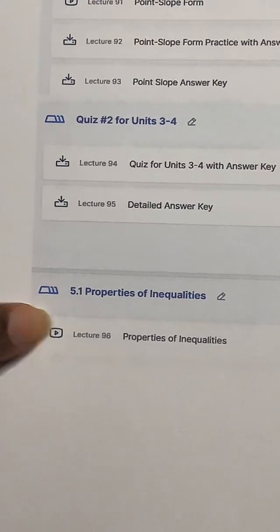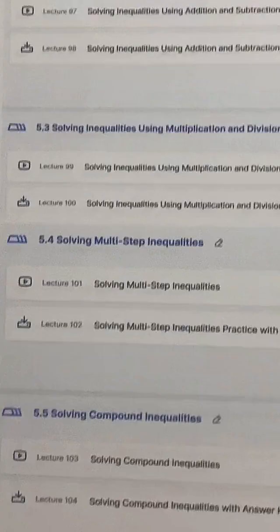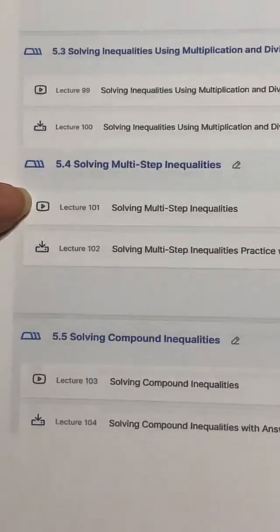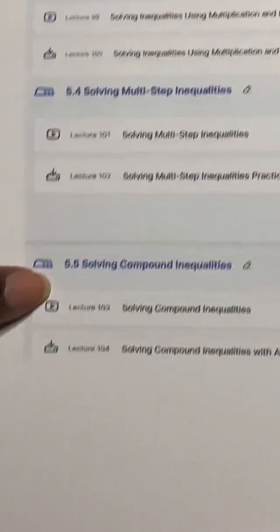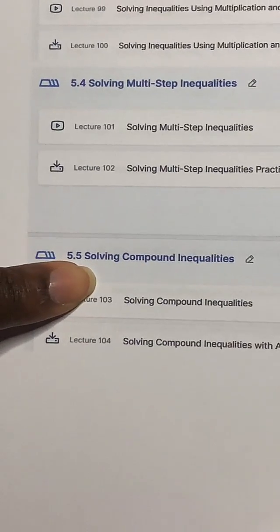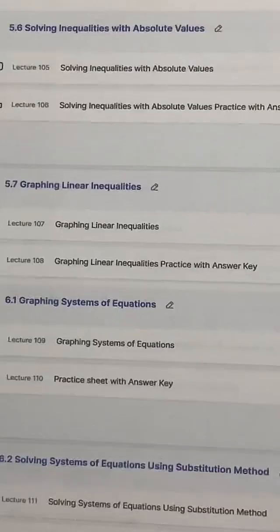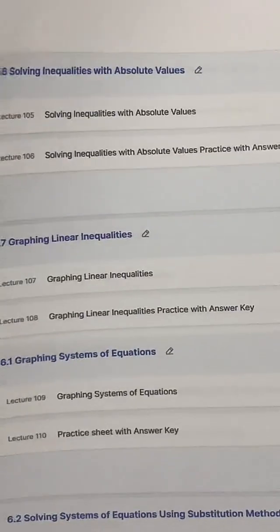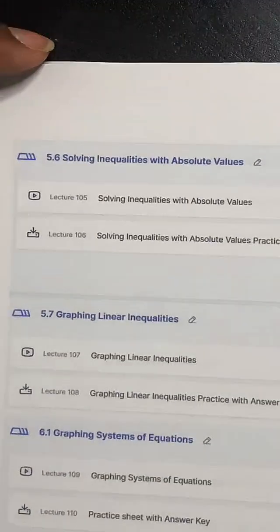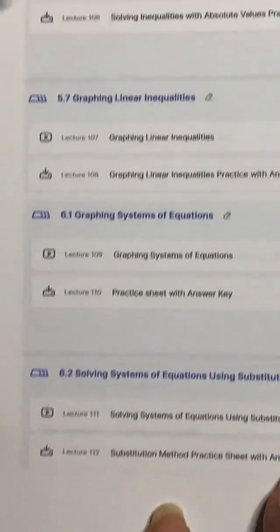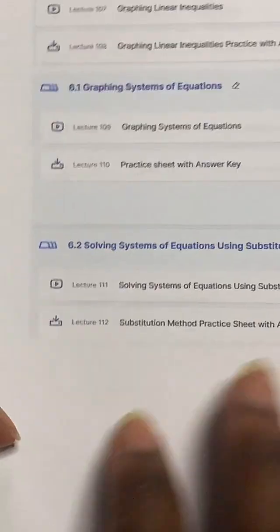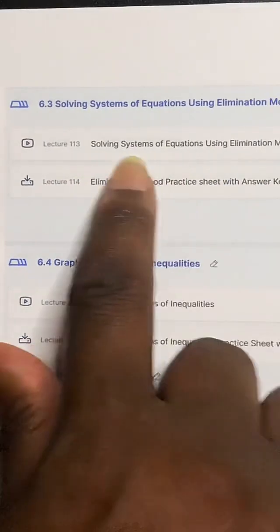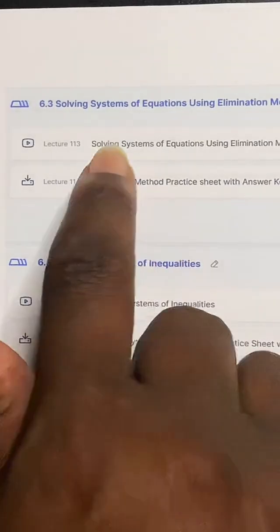Properties of inequalities, we just kind of went through that. More inequalities: adding, subtracting, multiplying, dividing, multi-step. Oh, look here, complex inequalities. I'm still going. I'm not even halfway through the packet. There are about 107 different videos. Each of these has practice sheets with it.